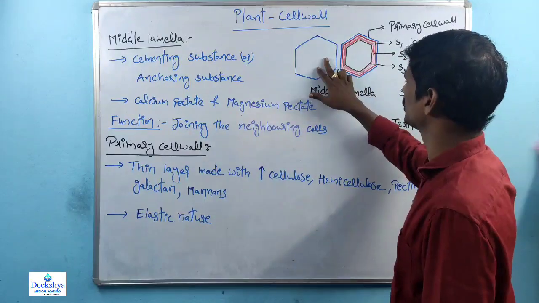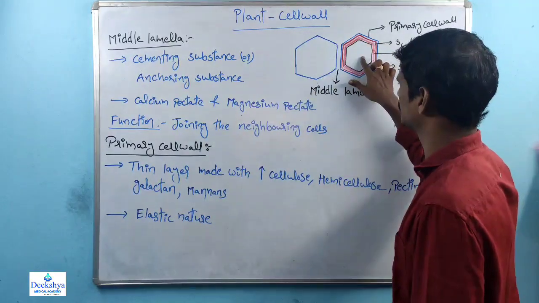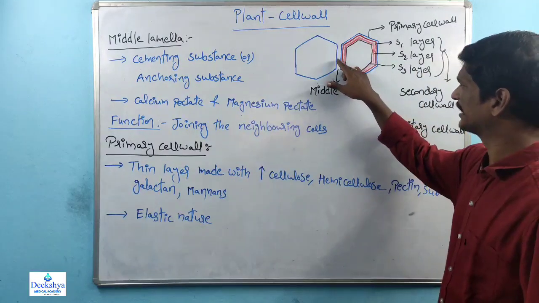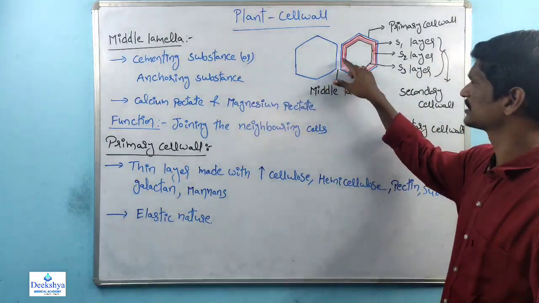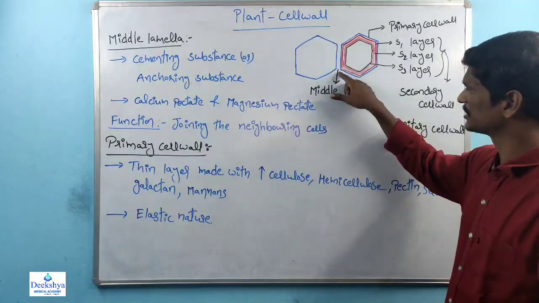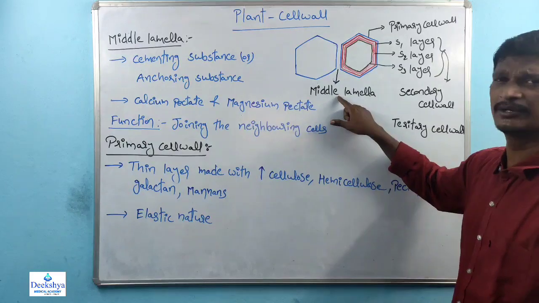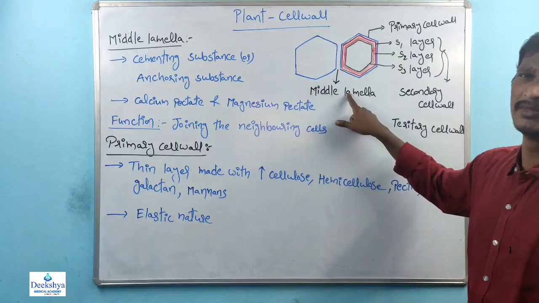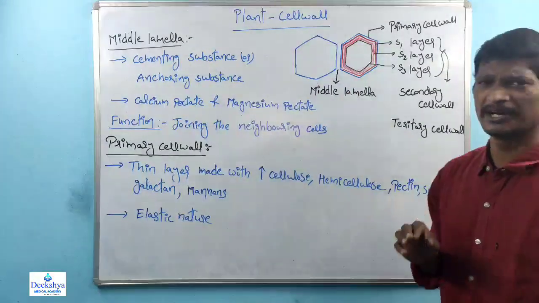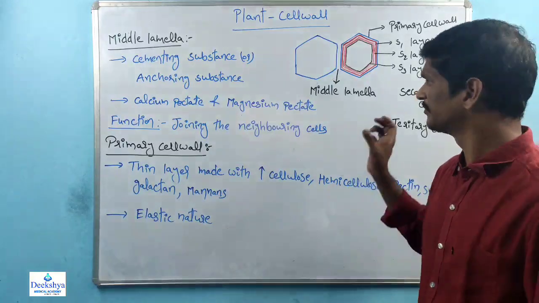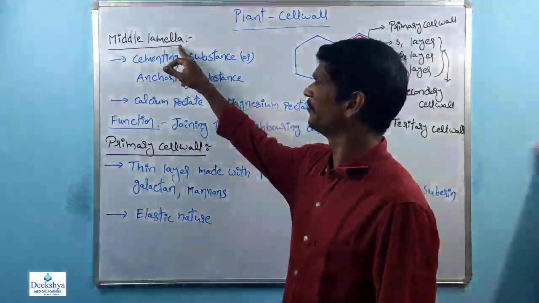See, this is one plant cell and this is another plant cell. Between these two plant cells there is a connecting substance. One cell is connected to another plant cell by this connecting part, called the middle lamella. The middle lamella is made up of calcium pectate or magnesium pectate. Between neighboring cells there is a middle lamella.